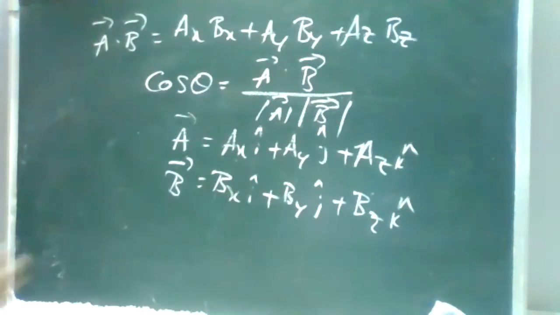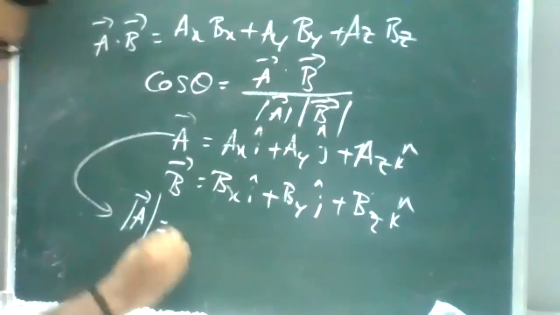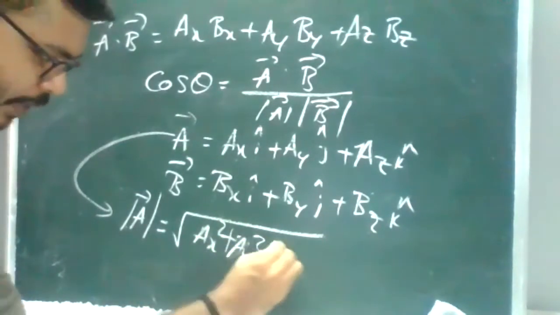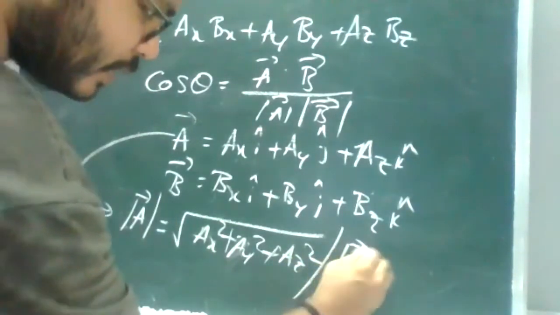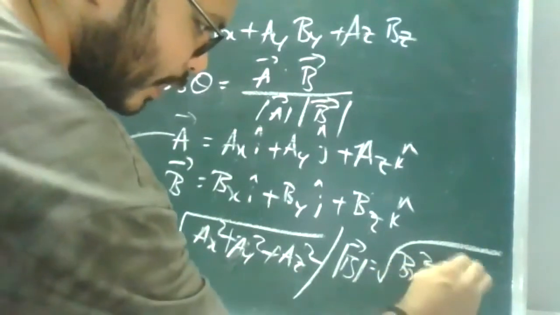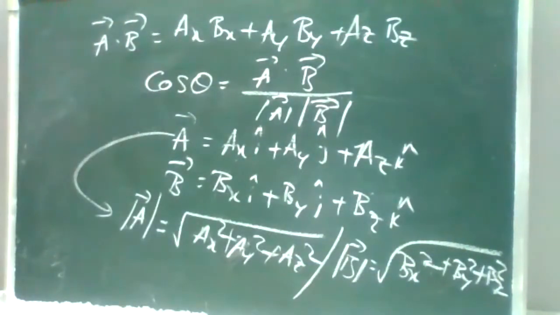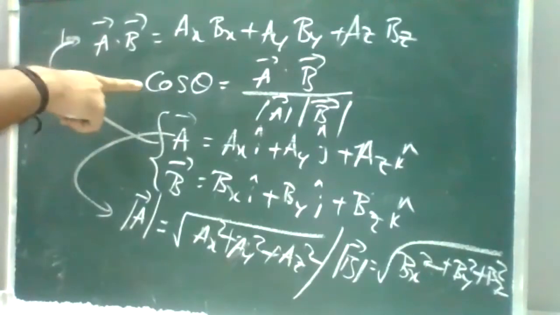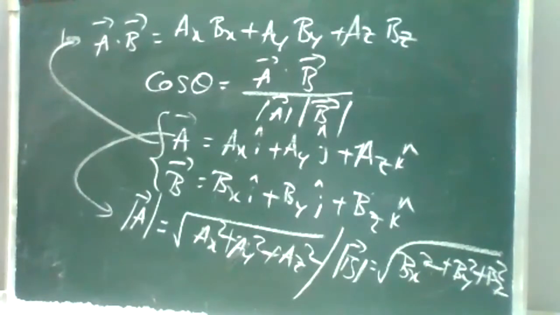Now if you want to find the magnitude of any vector, it is equal to square root of Ax square plus Ay square plus Az square. Same thing for modulus of B vector: square root of Bx square plus By square plus Bz square. So these are your relations. The first one converts the vectors into a product, and that is your cos theta. To find the magnitude, the square roots will be there, square root of each individual component square.